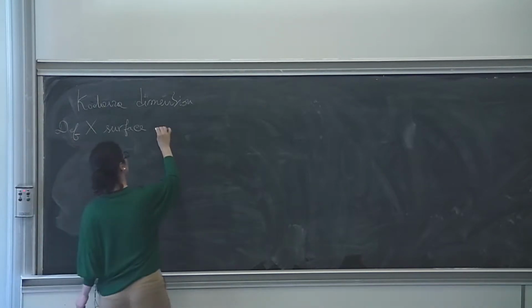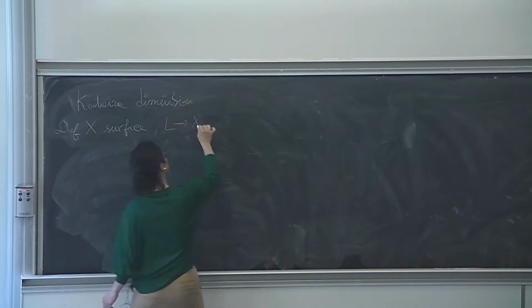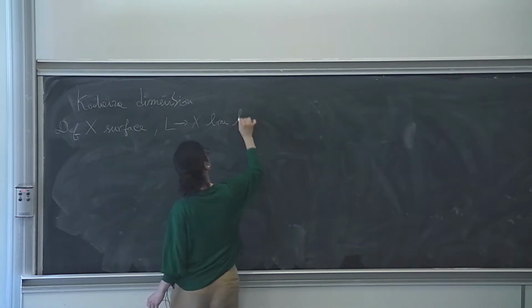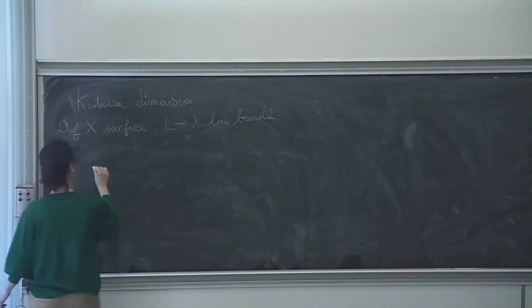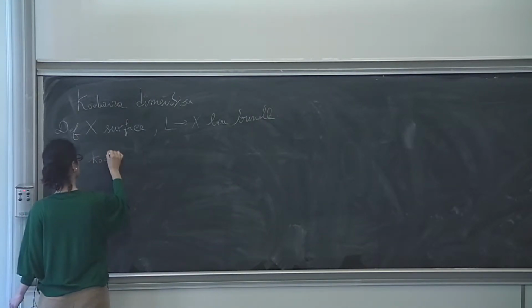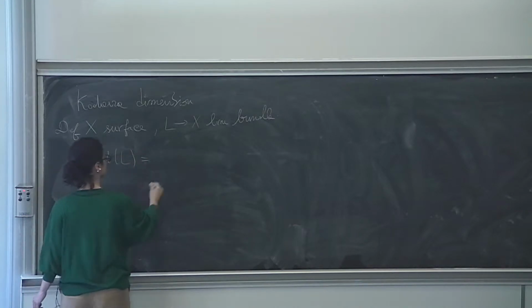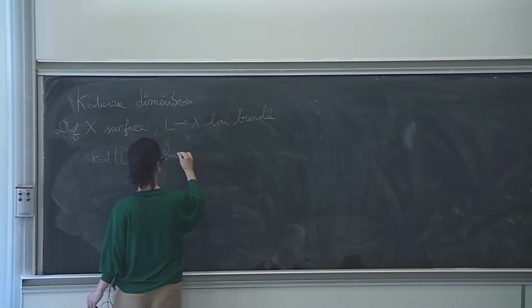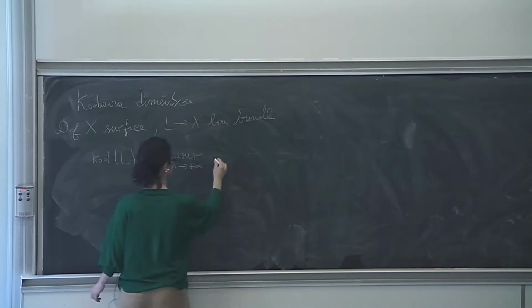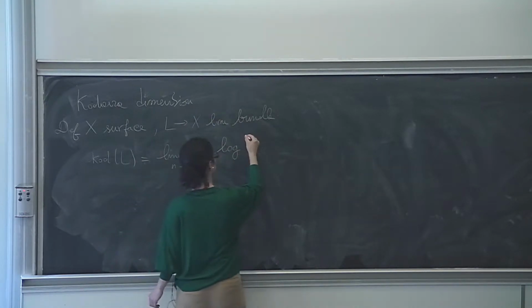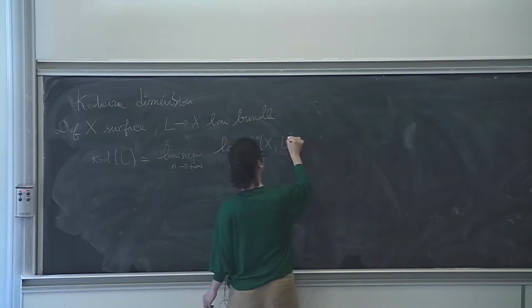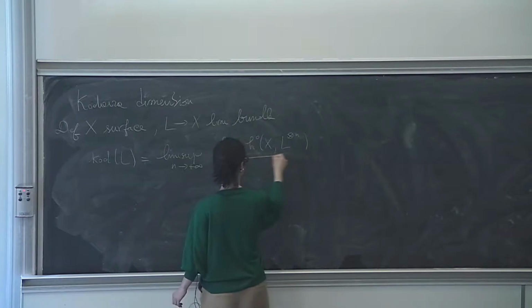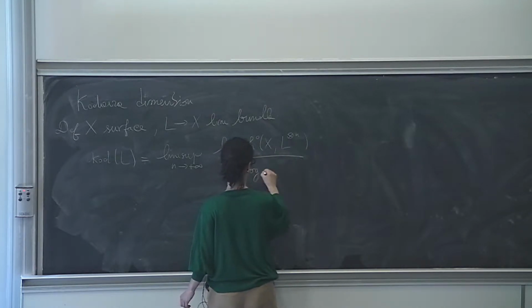And we have a line bundle L. The Kodaira dimension of L is defined by this formula. I'll write it and then I'll tell you some properties. It's hopefully going to become clearer what it is. But I think Simone already defined it.